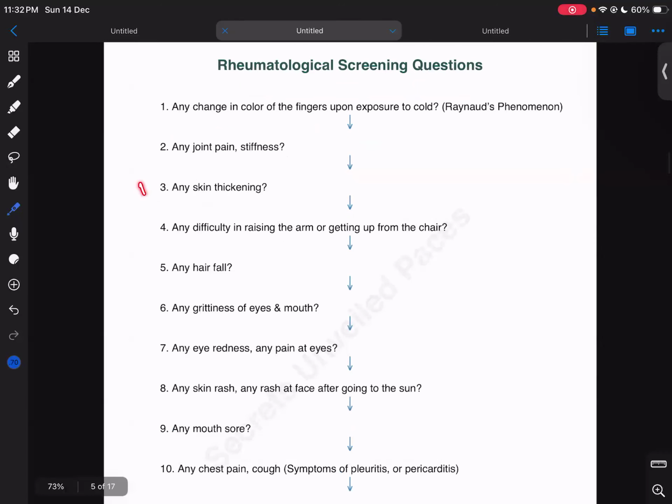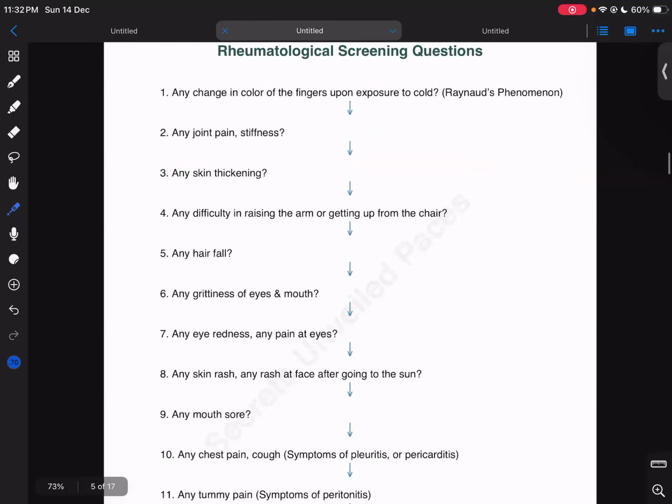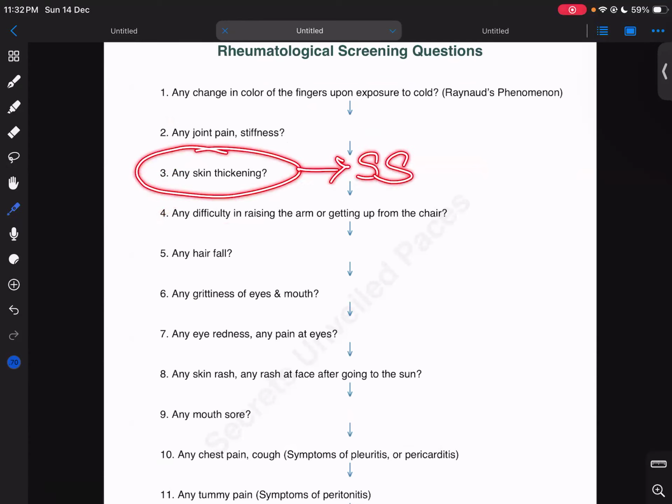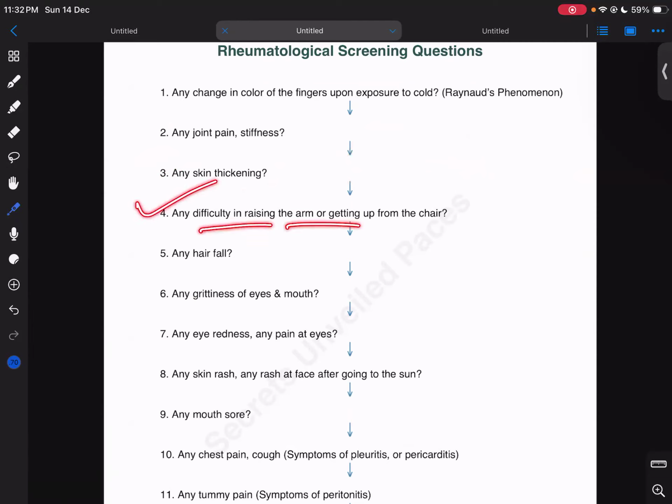Then any skin thickening, that is for systemic sclerosis. And this is the most common prompt coming in the PACES exam, for which joint pain is there for the Raynaud's phenomenon. Any difficulty in raising the arm or getting up from the chair, meaning proximal weakness.